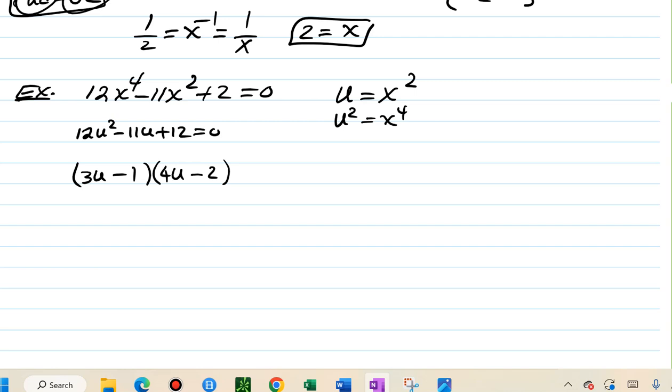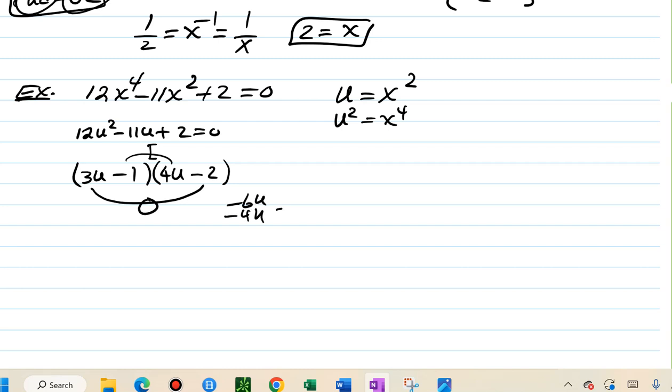Oh, I'm sorry, I just repeated the 12 here. It's a 2, not a 12. Okay, so I'm going to go -1, -2 like that. Again, I know I have the first and the last, right? The question is the OI. This is the O, and this is the I. Outside, inside.